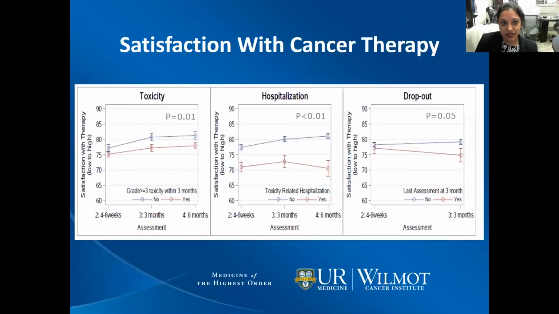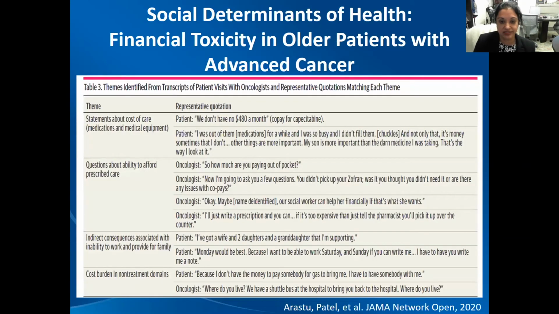What we found is intuitive, but it played out with each of the measures: those patients who experienced a toxicity or hospitalization or dropped out from the study had worse satisfaction with cancer therapy, worse decision regret, and overall were unhappy that they began cancer therapy. If we can identify these patients earlier, we would save emotional distress and help them cope and help them do what's better for those individual patients.